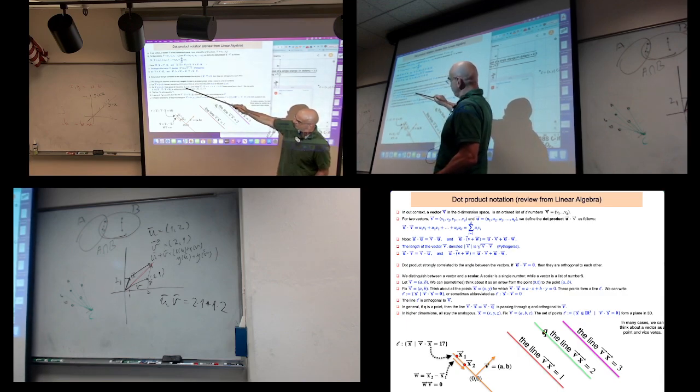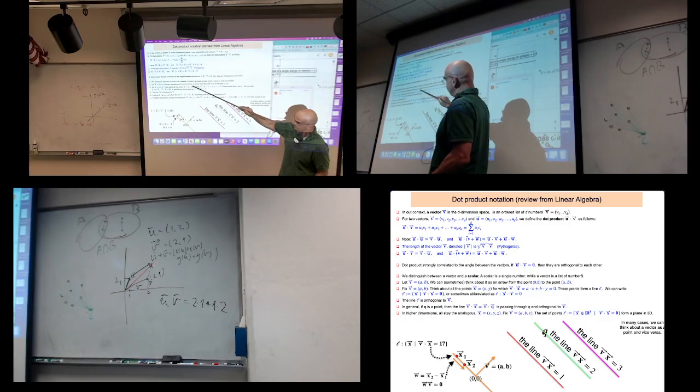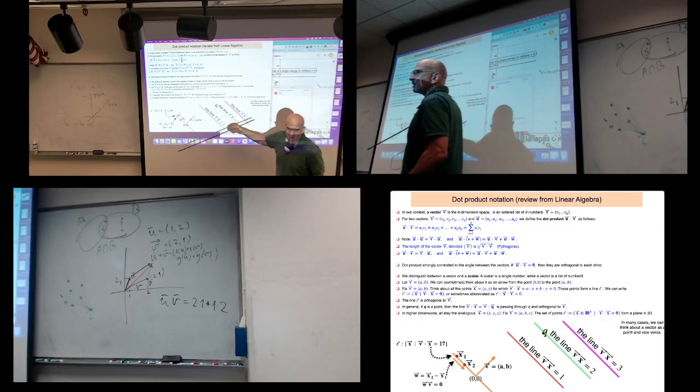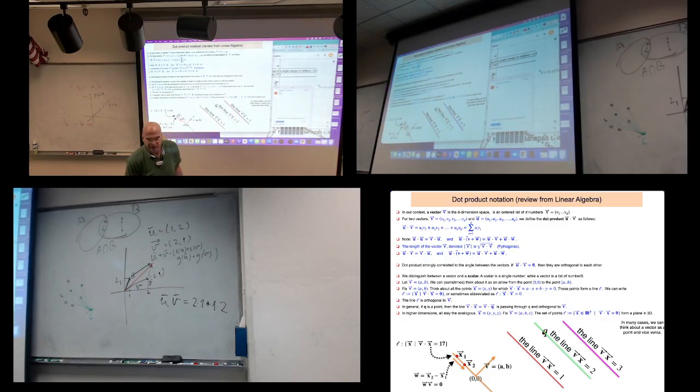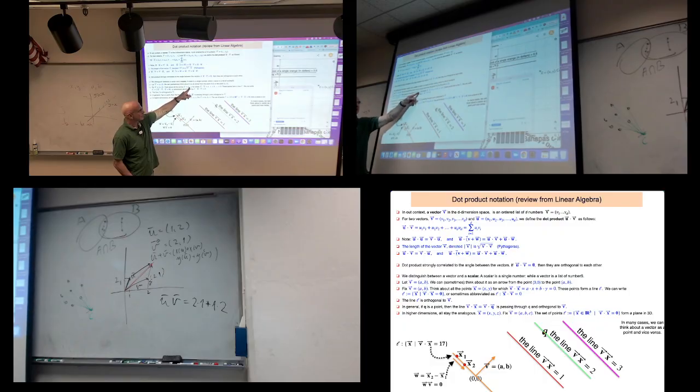So boldface x with arrow versus small x, not boldface, Roman x and y. Why? Because that's how you'll find it in all the books, but it is confusing that x is used for two purposes. So it's x vector versus x scalar, which is just the x coordinate of the x vector.